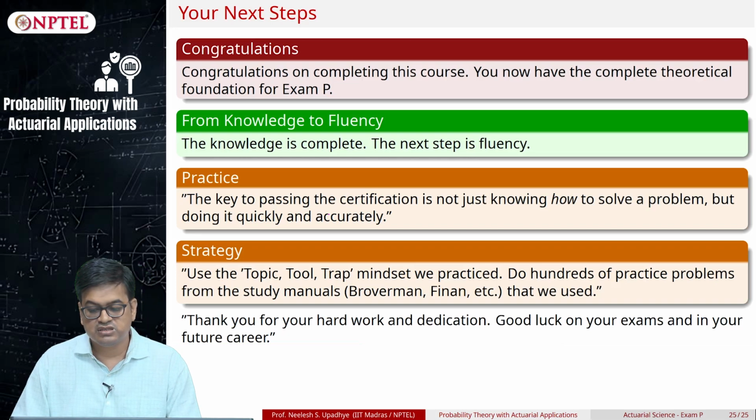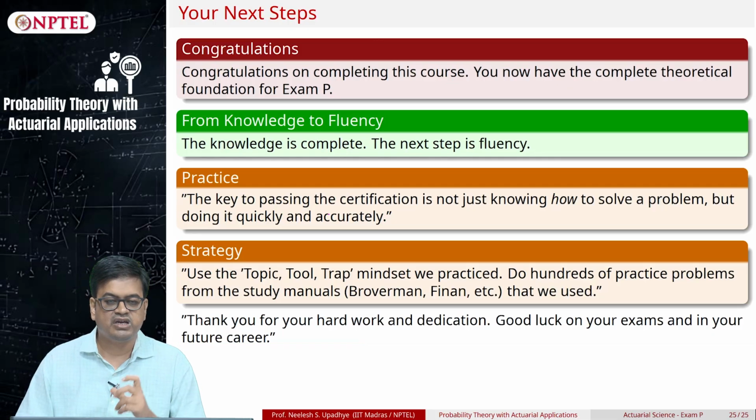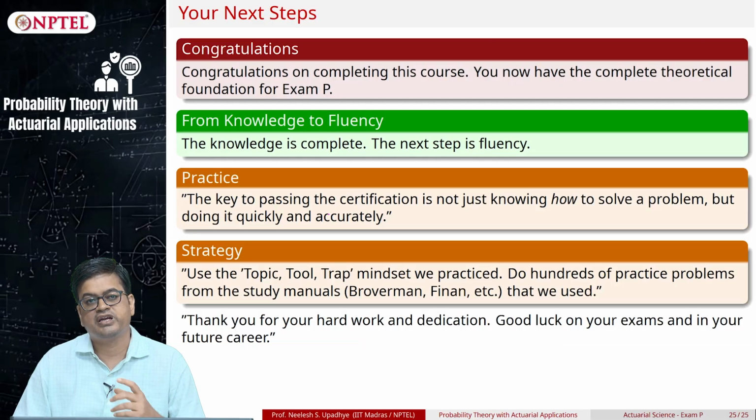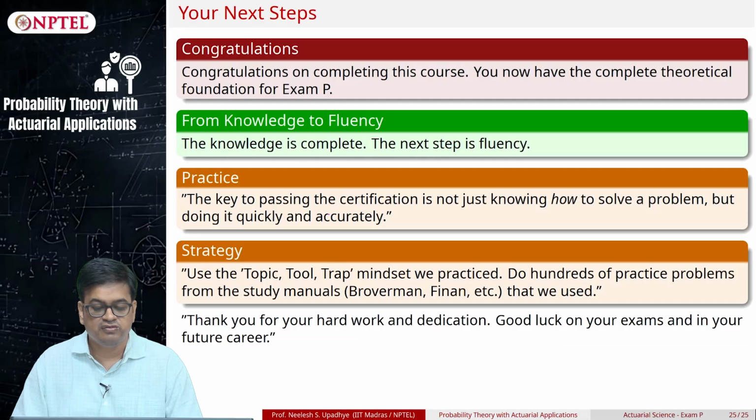The strategy that we equipped you with is a 3-step strategy. Every time you see a problem, you identify a topic. The second step is you identify a tool, and the third thing is, whatever tool you have chosen, is there any trap associated with that tool. So, topic, tool, trap, this triple T mindset will help you solve all the problems, and this strategy will actually speed up your problem solving.